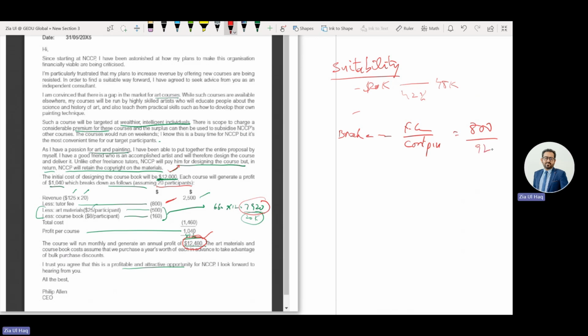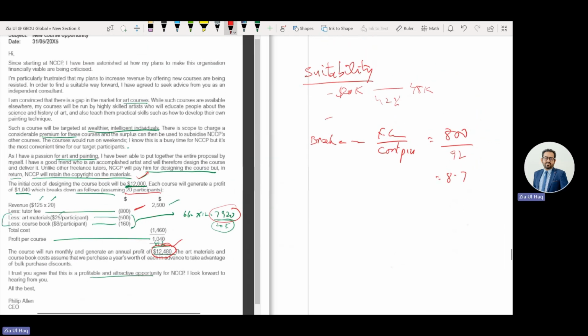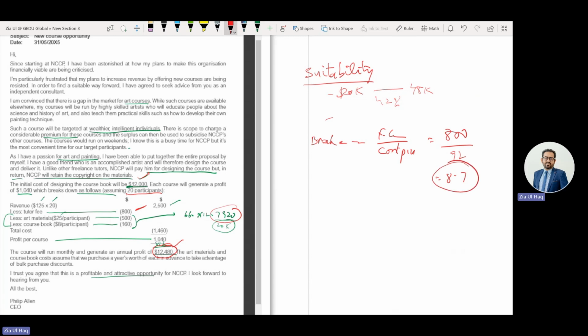So divided by 92, we can calculate break even: 8.7. This means if you have at least 9 participants, then you will be at break even. If participants in any month is below 9, loss. You will not have a profit, you will have a loss.